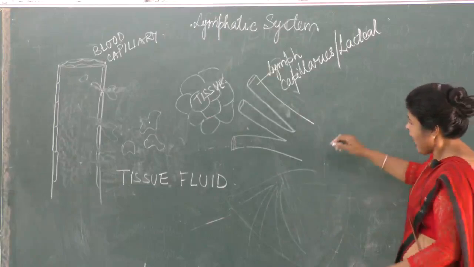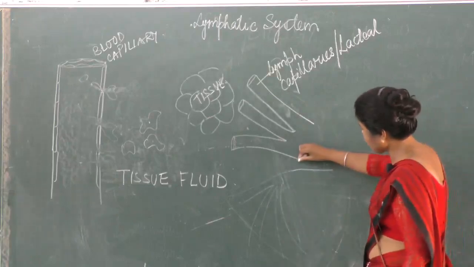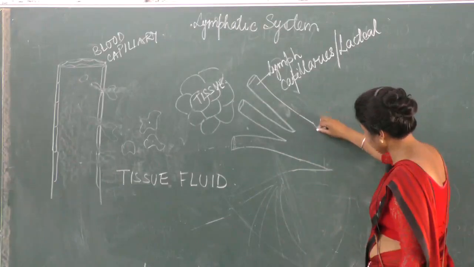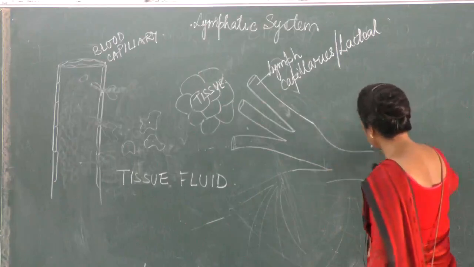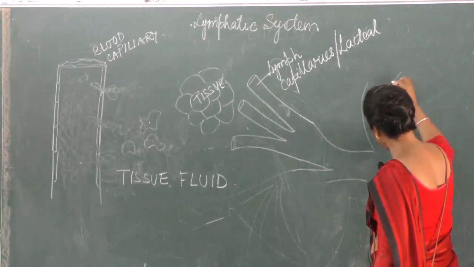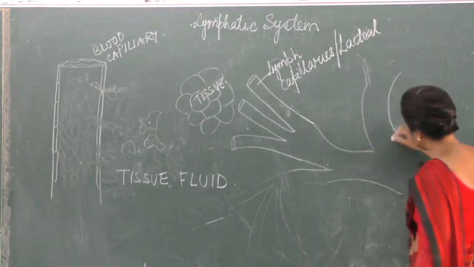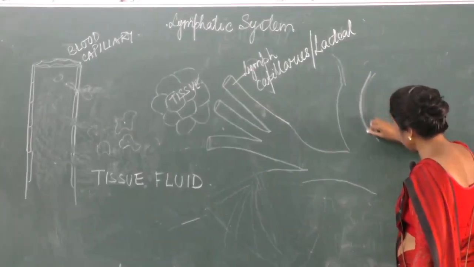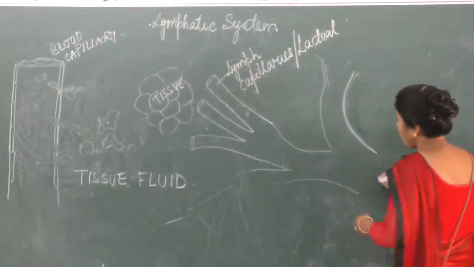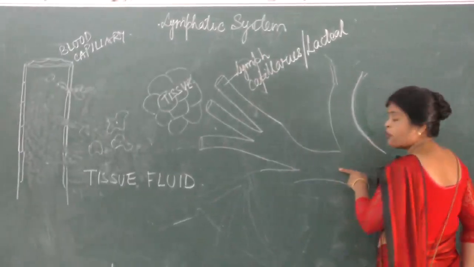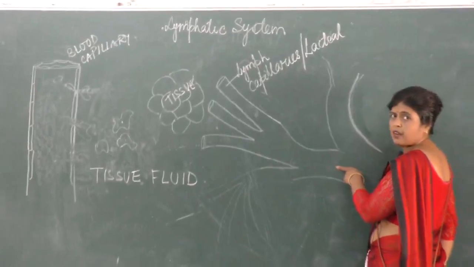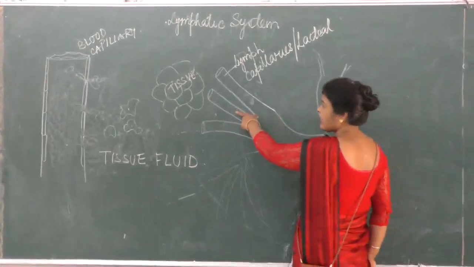Is it all right? And now the lymph capillaries start to join. Here the joining starts, and with every joining, this gets thicker and thicker. Now what do we call this? These are no more capillaries. These ones are capillaries.